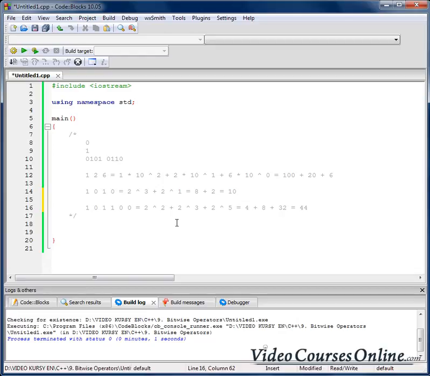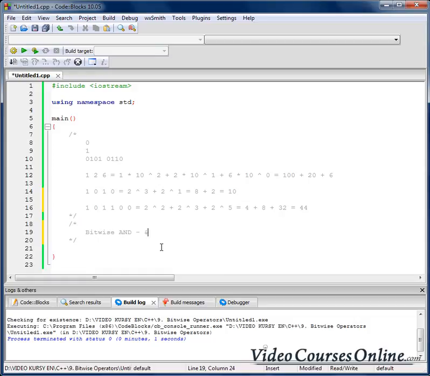Okay, now we can learn about the bitwise operators. Before we start, I'd like to mention that I'm assuming that you understand lesson about relational operators very well. Okay, let's start from making multi-line comment, and let's start from bitwise and operator, which is 1 ampersand.